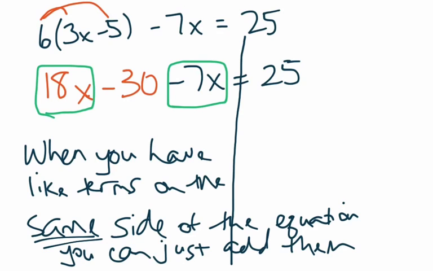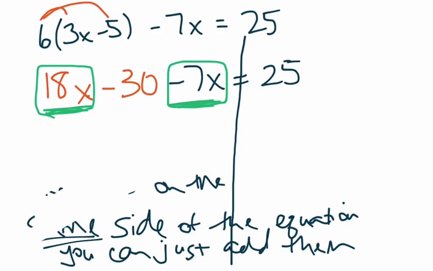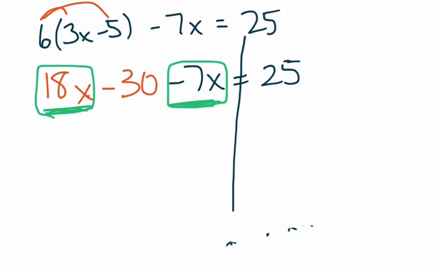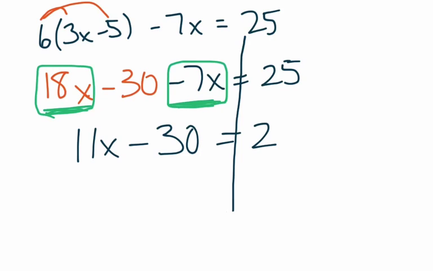So I got positive 18x and a negative 7x. So positive 18x and negative 7x is going to give me an 11x. So I'm going to erase this and give myself some room. So I'm going to get 11x minus 30 equals 25.